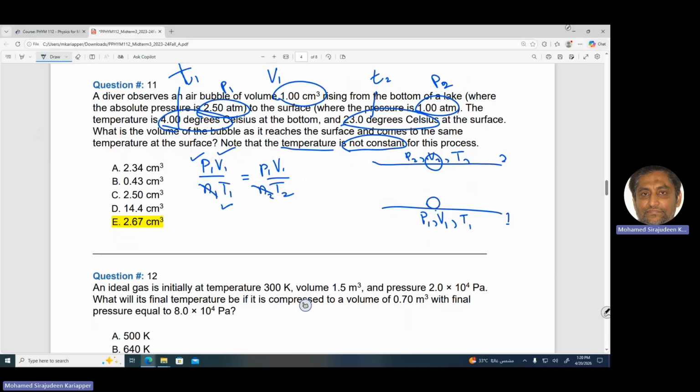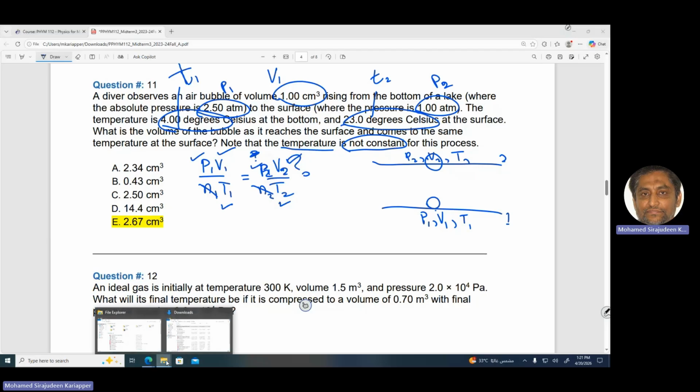Reaches the surface. Same temperature. What is the volume? V2 is the unknown. P2 is given. T2 is given. So this equation has only one unknown.